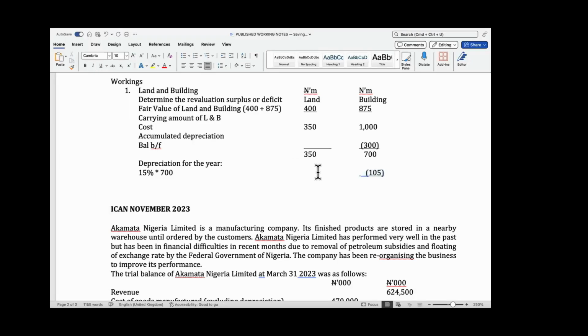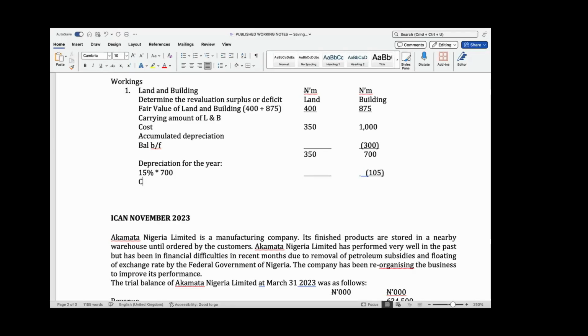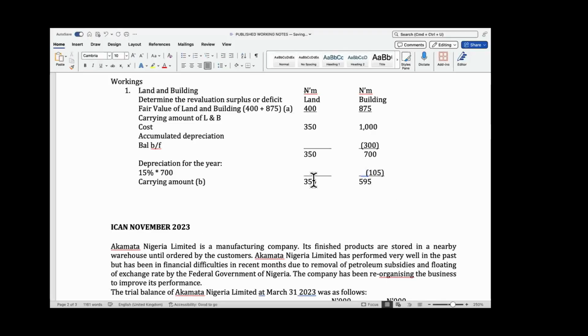So now I can determine my carrying amount. Let's assume this is B. So this is 350. What's 700 minus 105? Is that 595? Let's assume this is A. Is this correct? 595. Yeah. Okay.